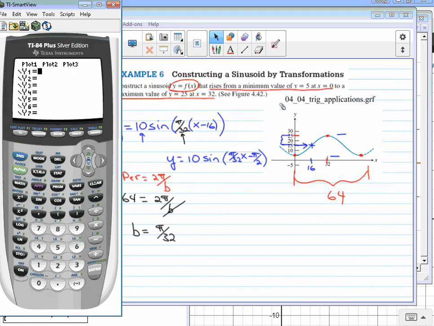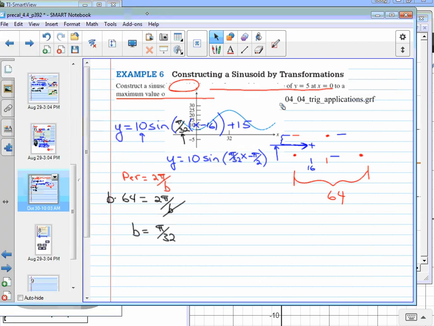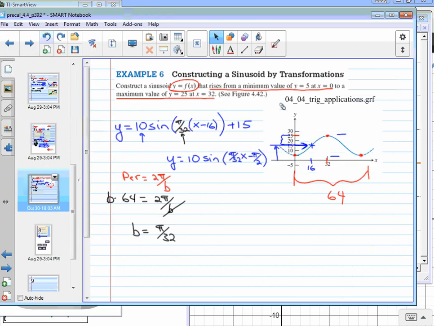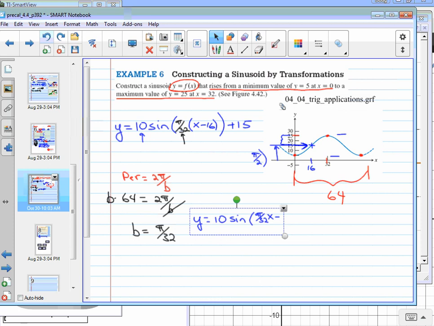Let's try it. See if we can manipulate our window to make it all work, too. 10 sine pi over 32x. Oh, we moved it up. Yeah, we moved it up. Right here we were talking about, that's the middle of it. How high did we move it up? 15. Plus 15. We better take this and add a plus 15 on the end of it.